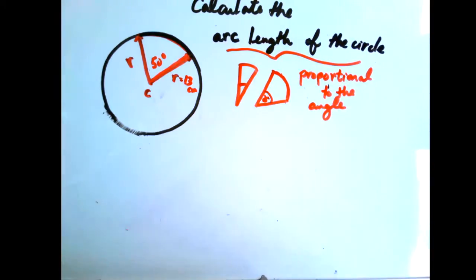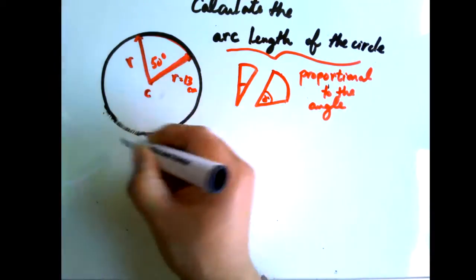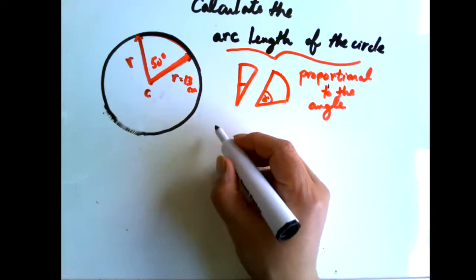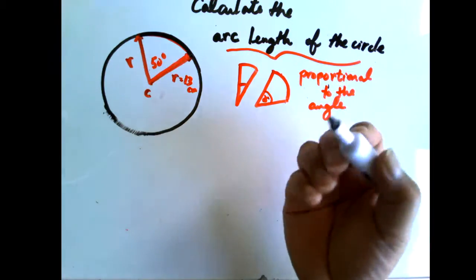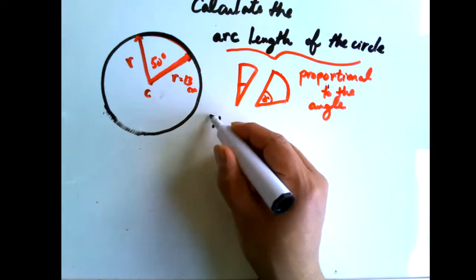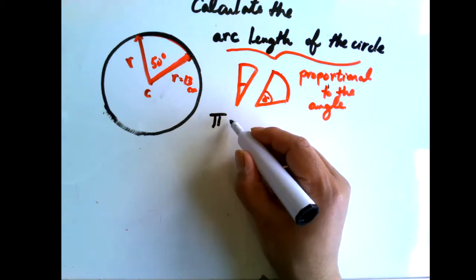What's the value of the circumference, or the length of the circle? Well, we always look at pi d, because some of you have not remembered this.